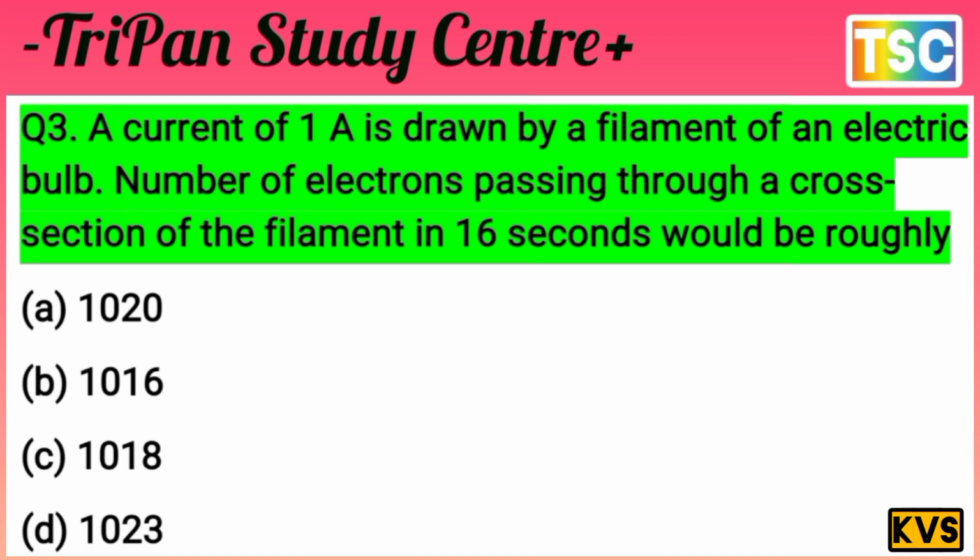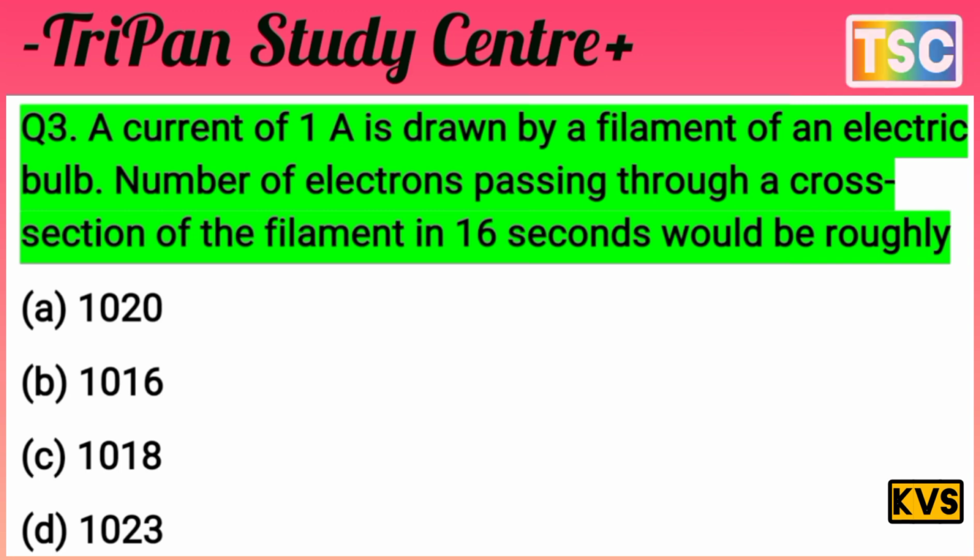The number of electrons passing through a cross section of the filament in 16 seconds would be roughly. The options: A, 10^20, B, 10^60, C, 10^18, and D, 10^23. That is an important question here.